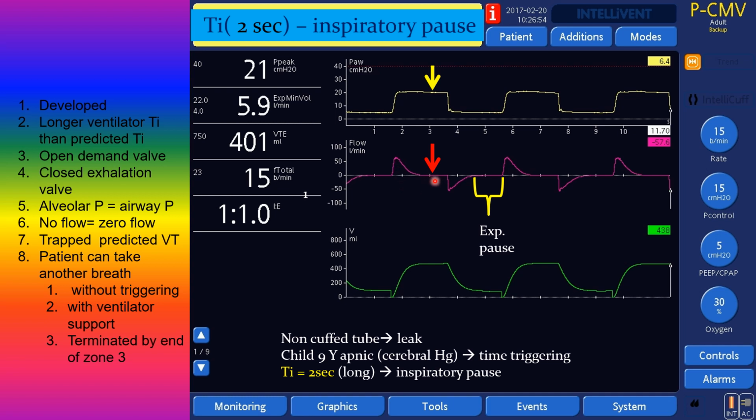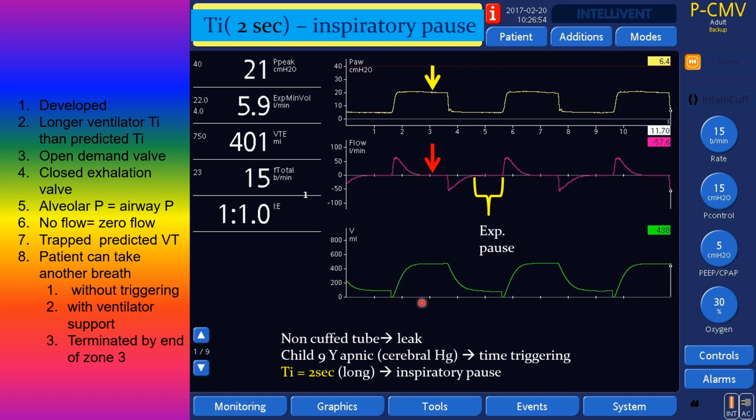An inspiratory pause in pressure controlled ventilation is developed. We do not preset it, but a long inspiratory time may develop it, because according to the driving pressure of the machine and the driving pressure of the patient, the two will develop some sort of tidal volume, and this tidal volume will increase, and when the alveolar pressure equals the airway pressure, flow stops, so the flow is zero.